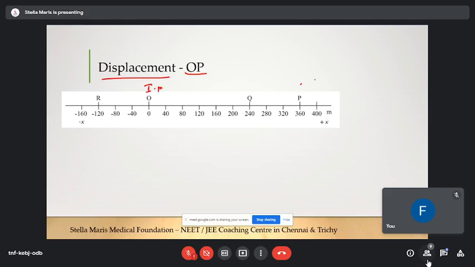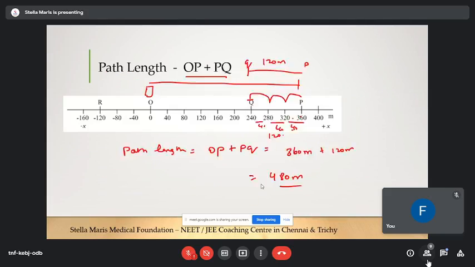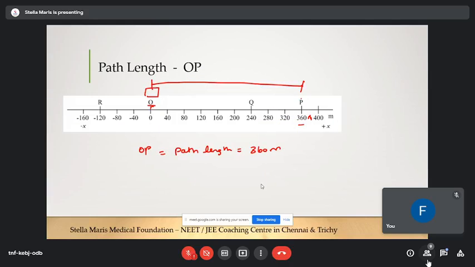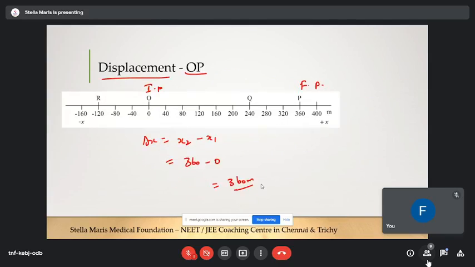And when will distance be equal to displacement? There are two conditions, remember them. With this we'll wind up the class, we'll continue from Monday. For distance to be equal to displacement, the first condition is that the motion should be along a straight line.